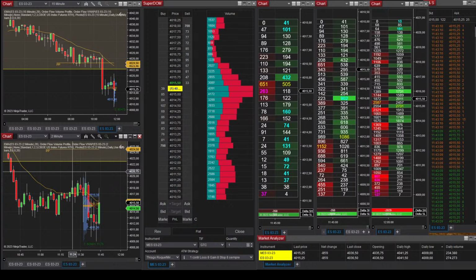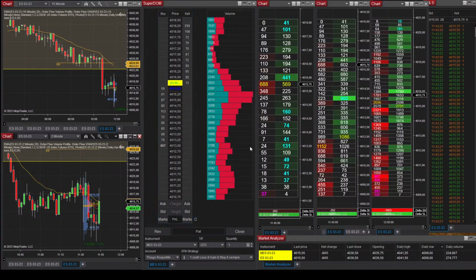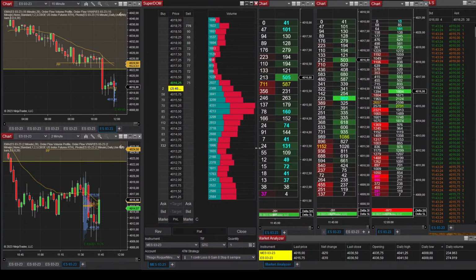We're 2 minutes from the PMIs, manufacturing and service PMI, so we could see a reduction in the depth of market here. We could see a liquidity decrease here.